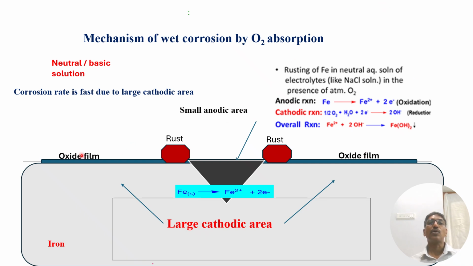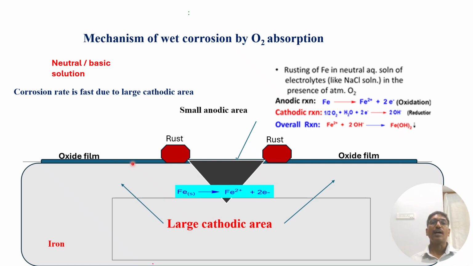Since the cathodic area is vast, oxygen reduction proceeds rapidly, driving an equally rapid oxidation at the small anodic site. The result is that the corrosion is highly concentrated and accelerates quickly at the crack, making this scenario significantly more damaging than the hydrogen evolution we have discussed earlier, because there the cathodic region is very small when compared to the anodic region.